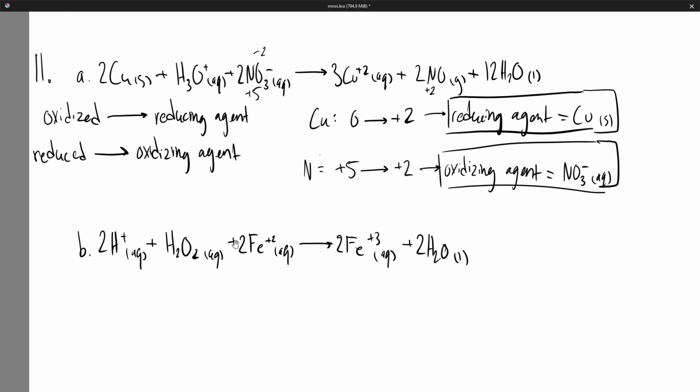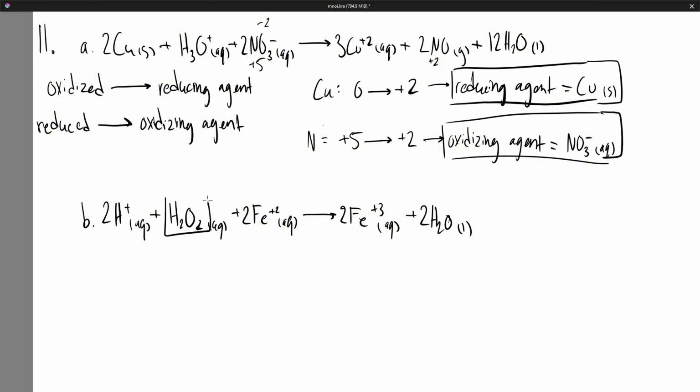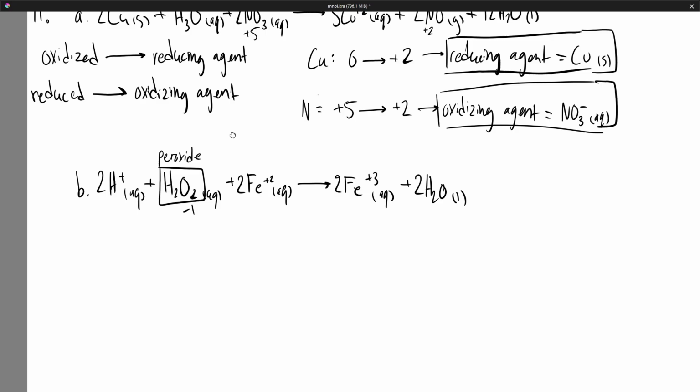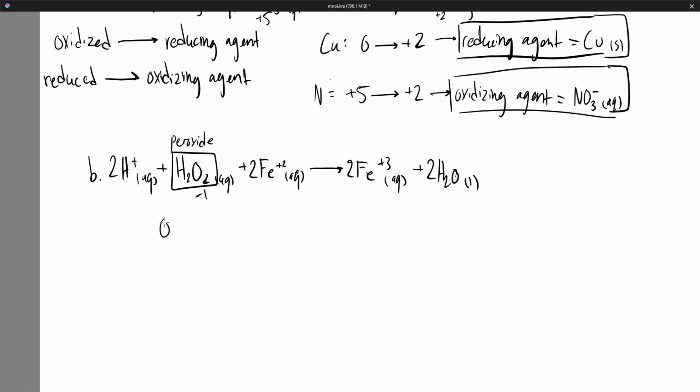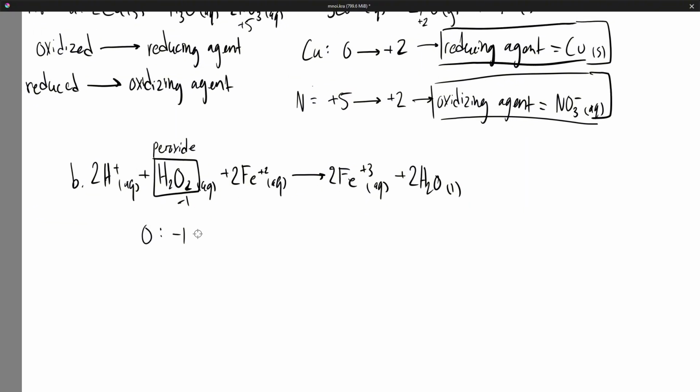So here, I'll just do it for you guys. So this one is a peroxide. And it's the only exception where oxygen is just -1, not -2, like how it was for this first problem. So oxygen goes from -1 down to -2 right here. So it's going back to normal.